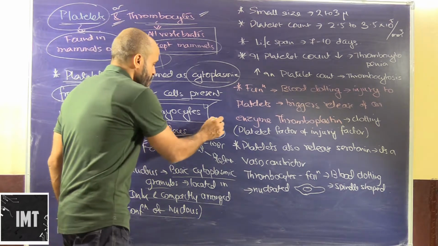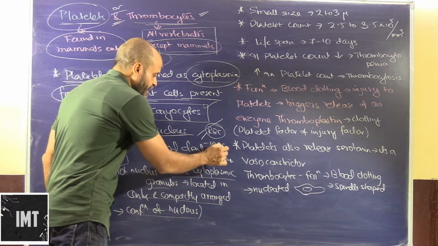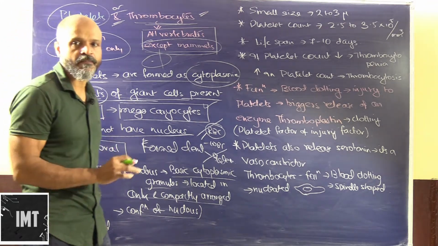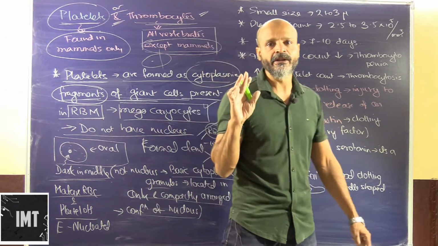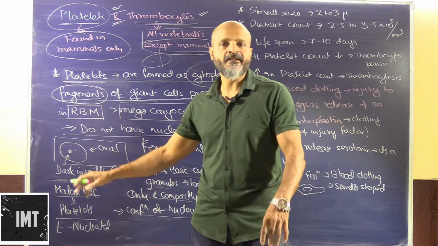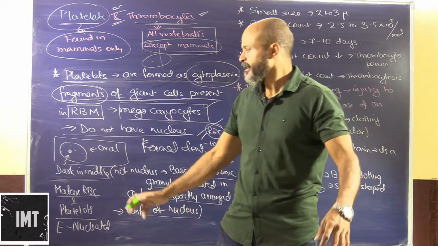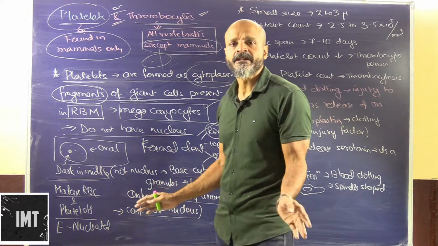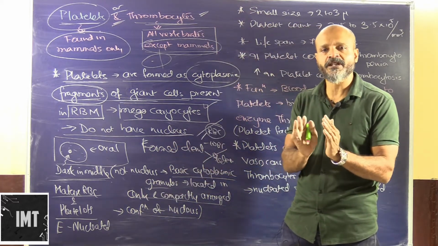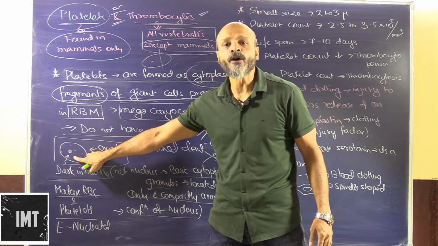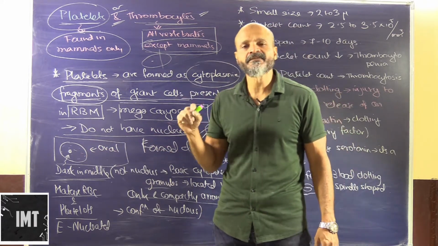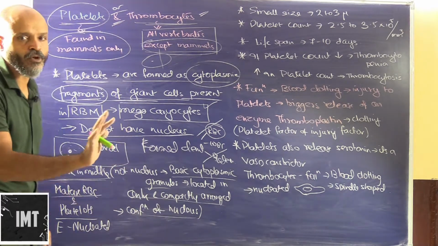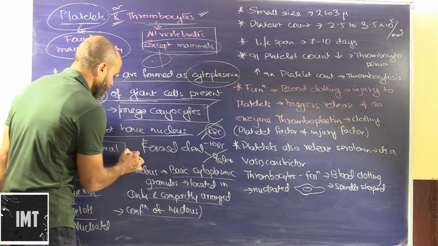So these are enucleated, and we just saw platelets are also enucleated. Platelets present in mammals are enucleated, but they have a structure which gives the appearance that the cell contains a nucleus. It's just some granules compactly packed around the middle of the cell, giving the appearance of a nucleus. But in reality they don't contain a nucleus, they are also enucleated.